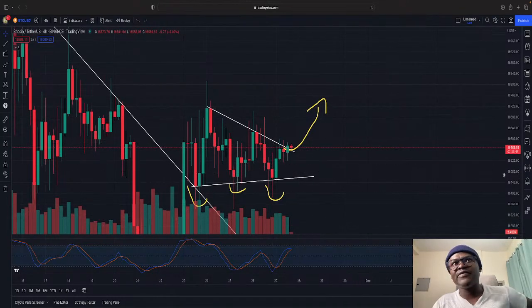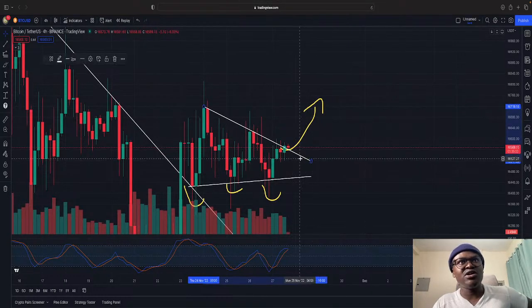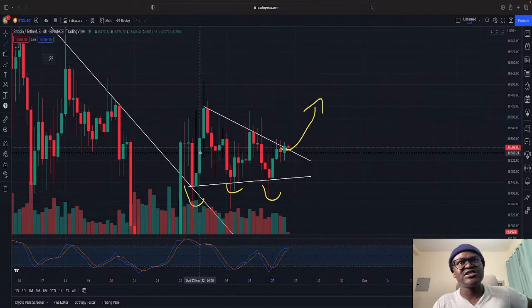So this is the beginning of the 4-hourly. We could have downside price action, but if this candle does not close below this trend line here, then BTC will go up. Where will it go up to? It will go up to the first target here.